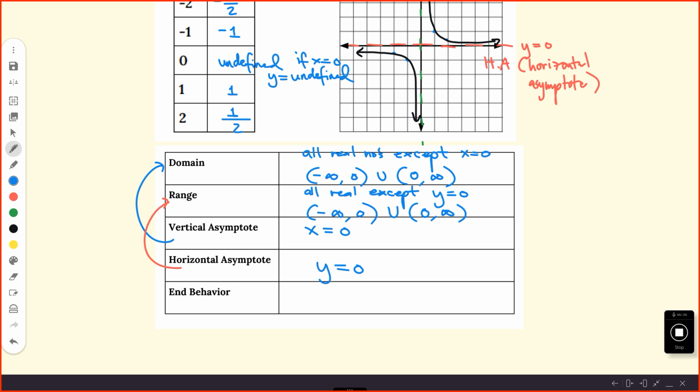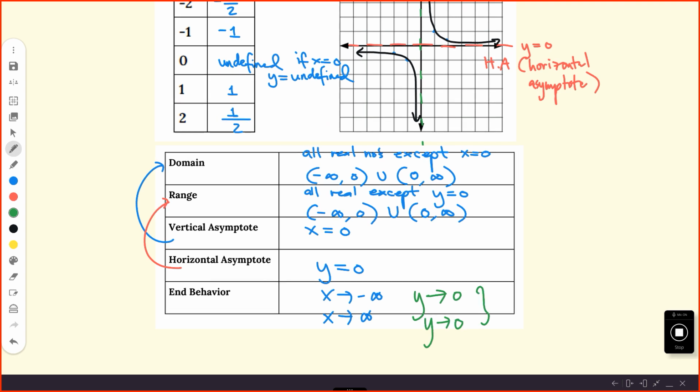The end behavior goes to whatever's the asymptote of the graph. So I can write this as x approaches -infinity. That means we're looking at the left side. And then x approaches +infinity. That means we're looking at the right side. But since both of the asymptotes are 0, both of the y's approach 0. Okay?